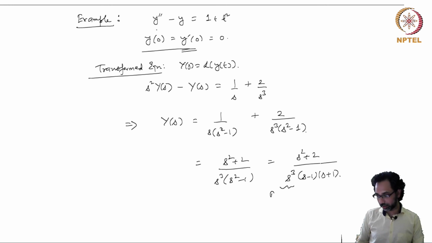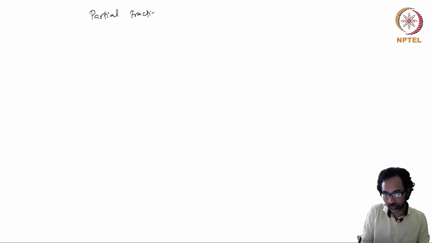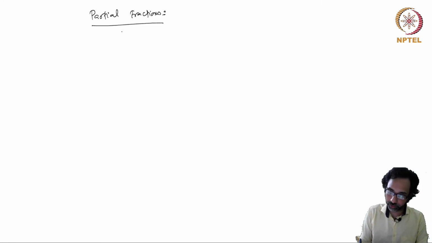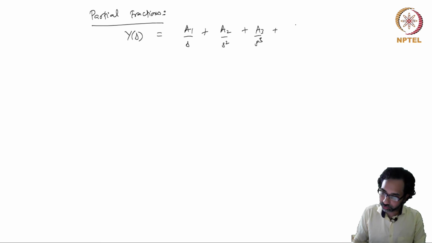This is a repeated linear factor and these are linear factors, so you can use the method of partial fractions to solve for Y(s). So Y(s) can be written as a1/s + a2/s^2 + a3/s^3 + b1/(s - 1) + b2/(s + 1).